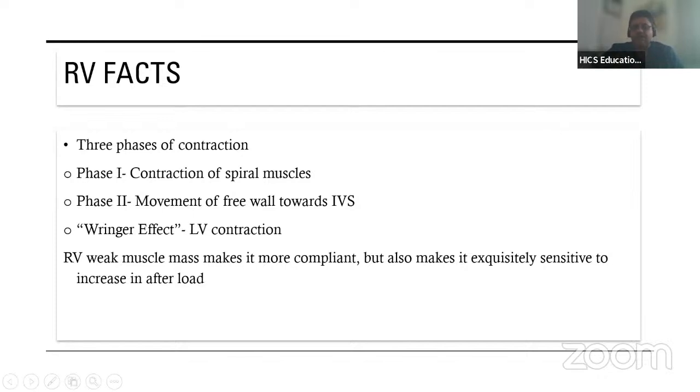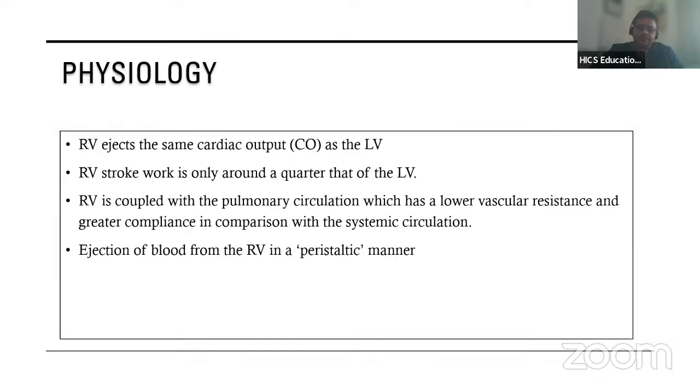The weak muscle mass of the right ventricle makes it more compliant, but also very sensitive to increases in afterload, whether from hypoxemic vasoconstriction or alveolar pressure resulting in raised intrathoracic pressures. The right ventricle cannot withstand any increase in strain because of its weak muscle mass.